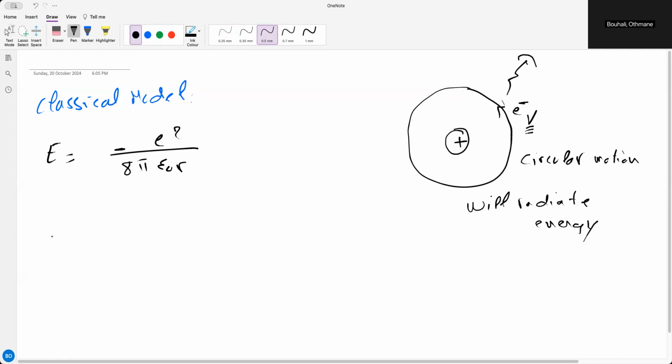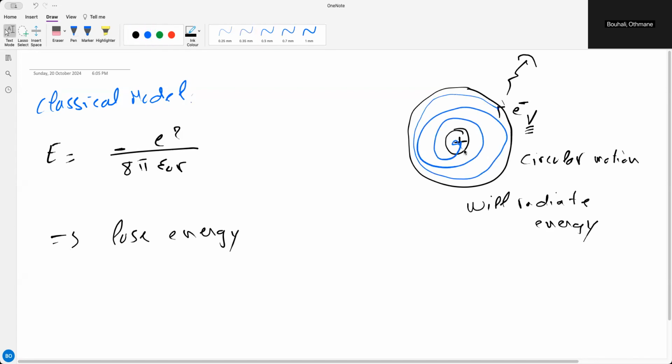So this means this particle will lose energy continuously, and it will continue to lose energy until it crashes onto the nucleus.